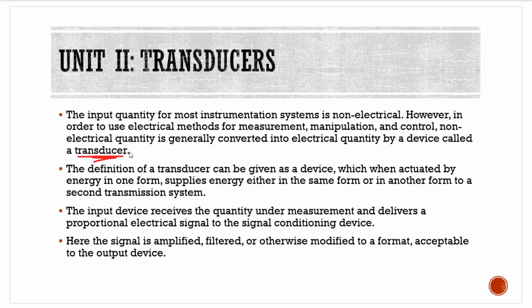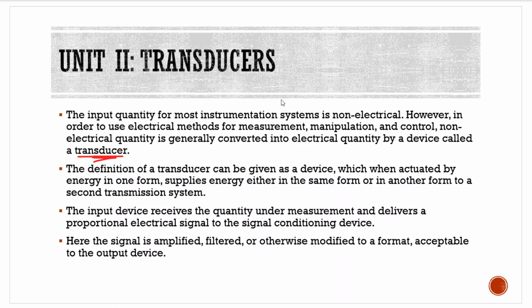So what does a transducer mean? We can define it as a device that actually transforms one form of energy to another form of energy for transmission or for control, measurement, and manipulation of that signal.